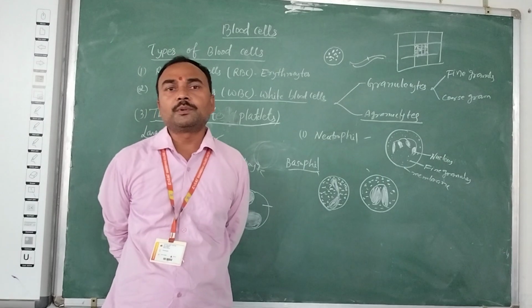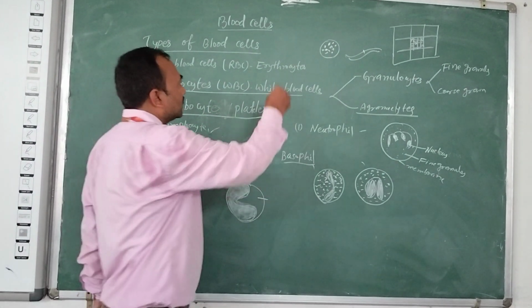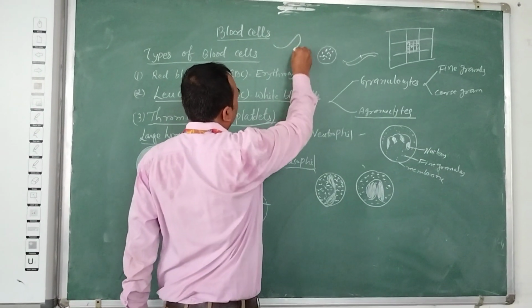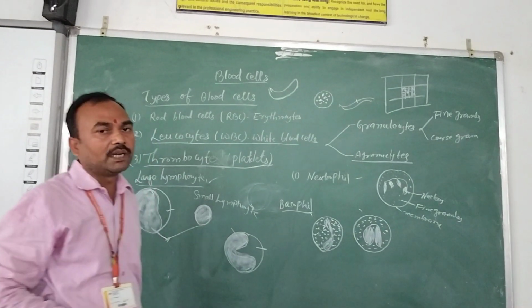Sometimes the RBC shape is like a sickle, and that condition we call sickle cell anemia.